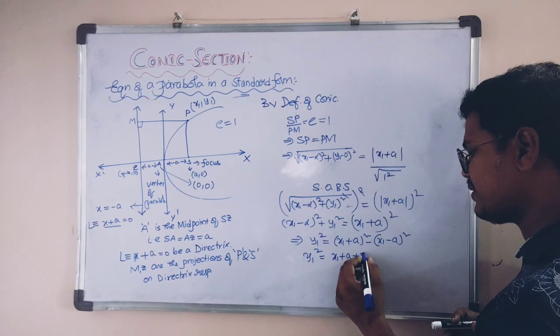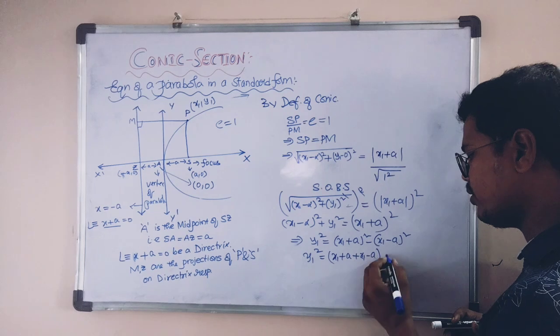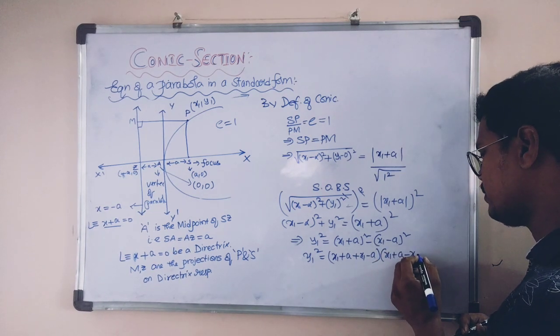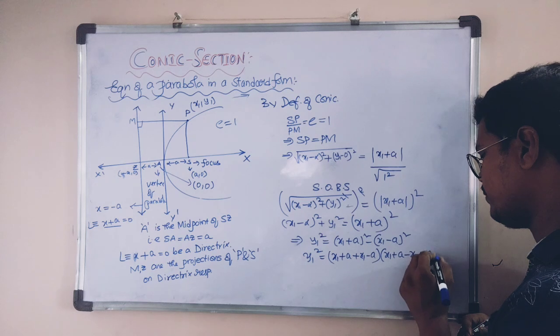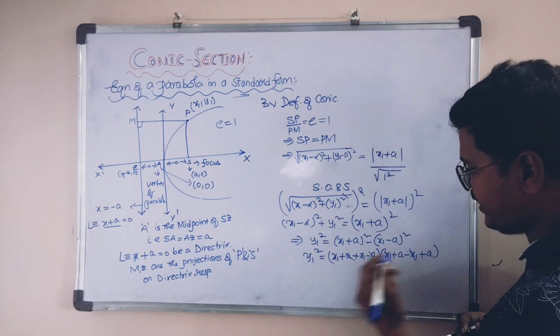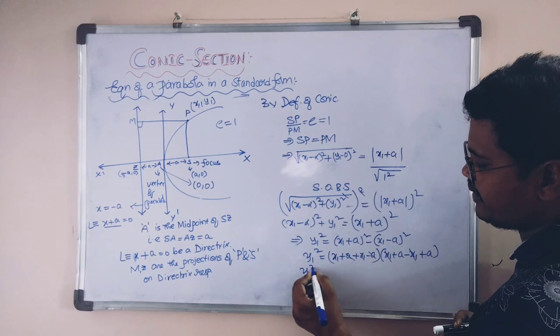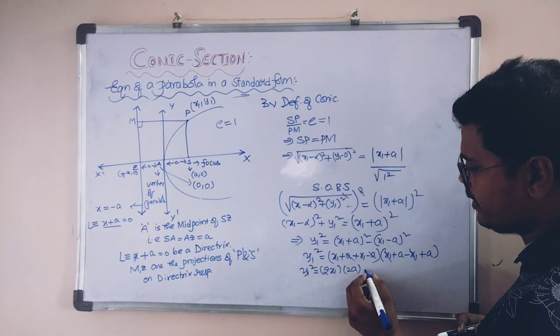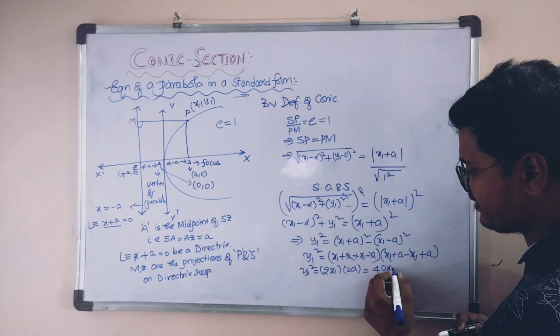a plus b into a minus b. Okay, plus and minus cancel. 2x1 into 2a. y1 square is equal to 2x1 into 2a, which is equal to 4a x1.